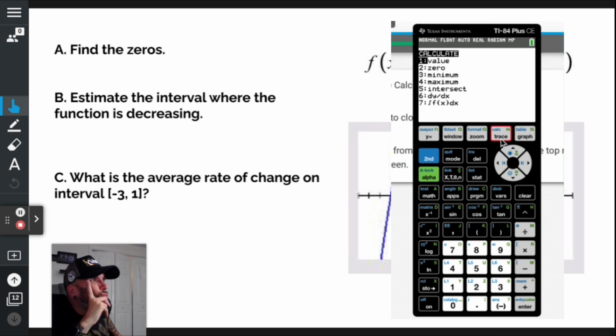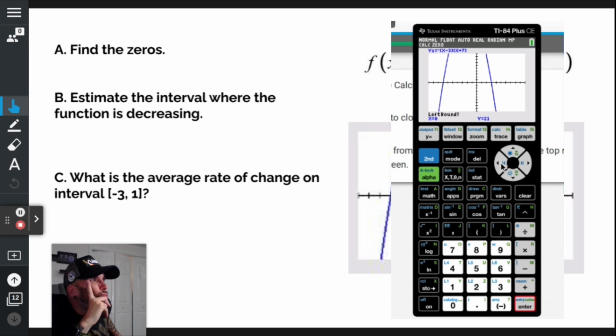Hit second, trace, and that takes you to calc. The second option right there is zero, so we're going to click that. Now I know I have a zero right there. When it says left bound, I need to place a little blinking thing that I don't see yet to the left of my zero.